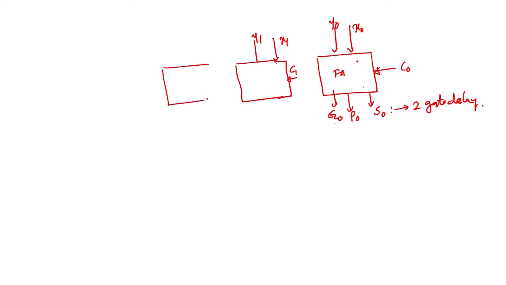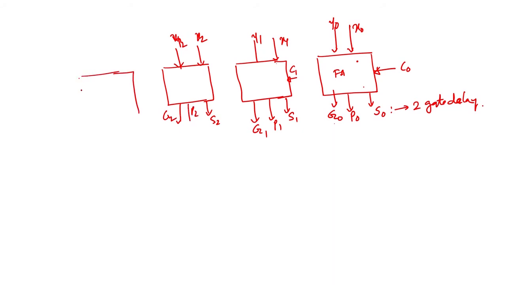So, here also we have G1, we have P1, we have some S1, similarly X2, Y2, S2, G2, P2, we have X3, Y3, G3, P3 and S3.